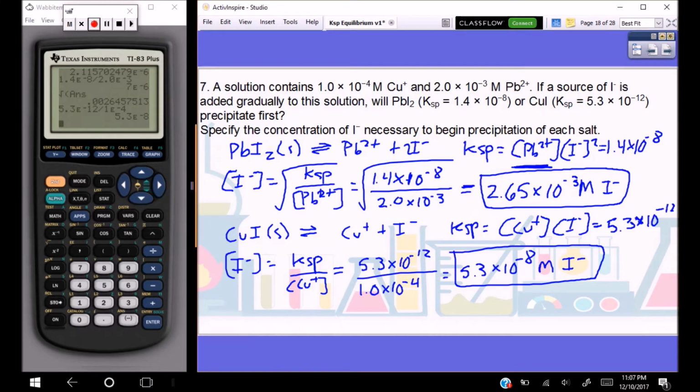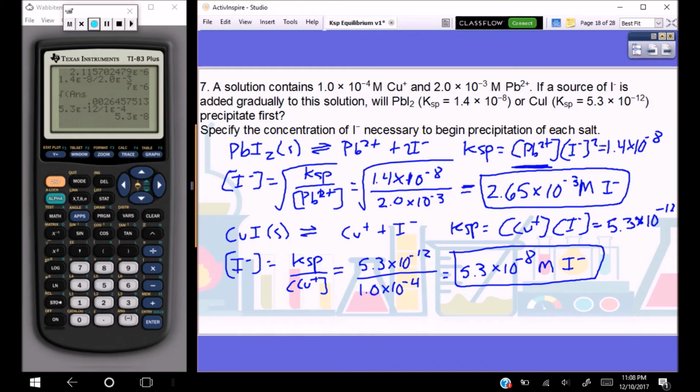Think about that conceptually for a minute. We need a smaller I minus concentration to cause us to precipitate. Once we pass that concentration, we have an excess, we are supersaturated, and we continue to make more precipitate.